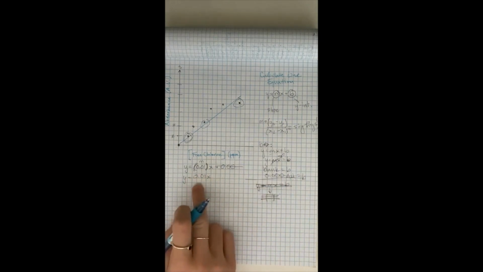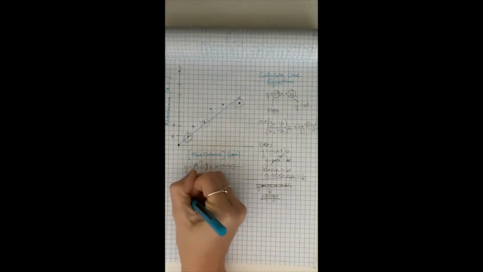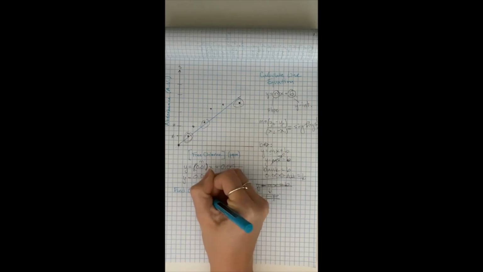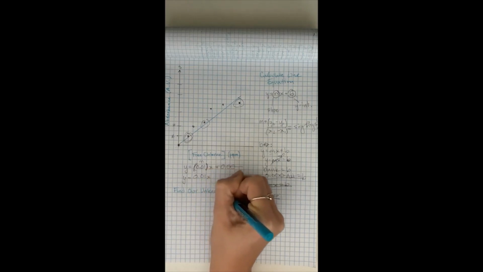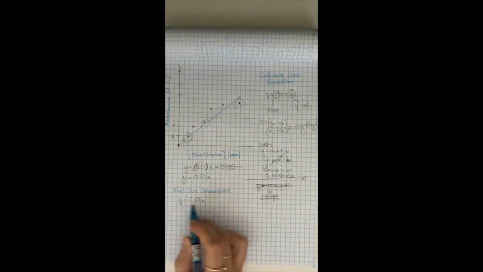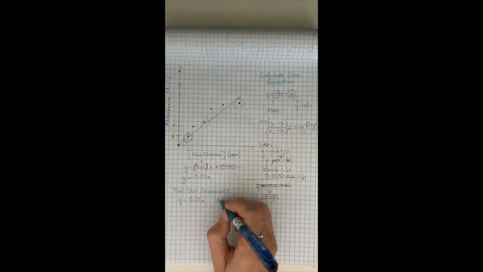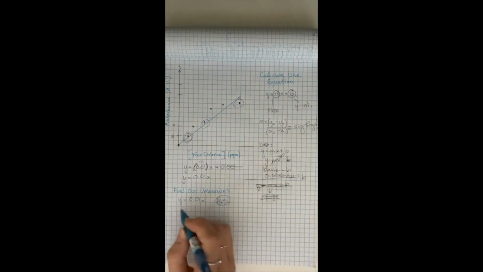Now, what we do with this is we're going to find our unknown. So what's cool about our unknowns is we know one of the values in this equation. We recorded the absorbance, right? So we know y, and we want to solve for x.